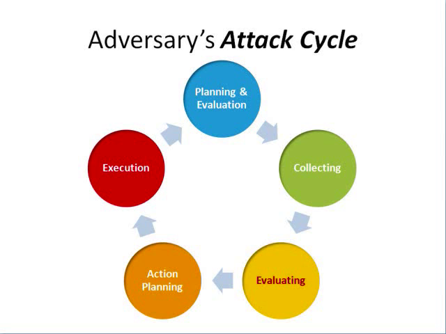And as you can see here from the diagram, after planning and evaluation, they proceed into the information collection phase. They take that information and evaluate it, and if there's sufficient information, then they will proceed on to the action planning phase, taking that plan of action and then executing it in the execution phase.